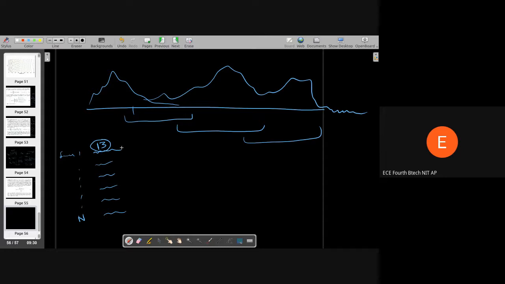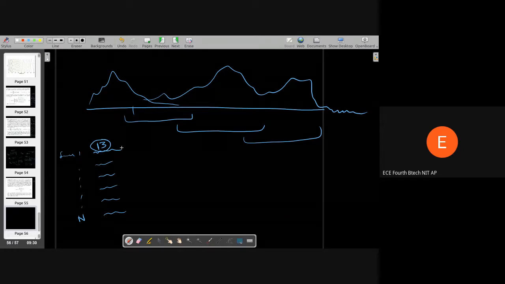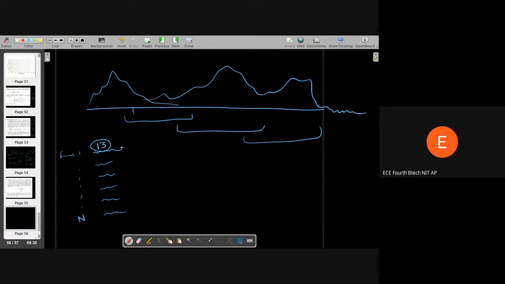For example, take speaker recognition: when you utter a continuous word, the way it varies for you is different, because everyone's vocal tract is different.